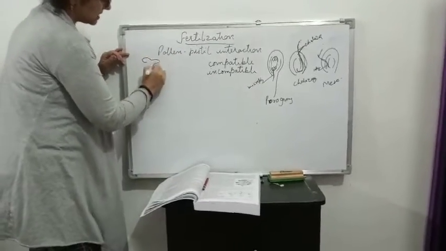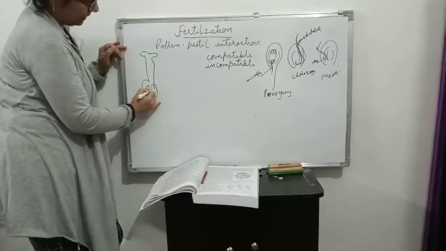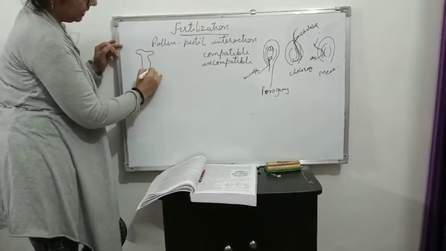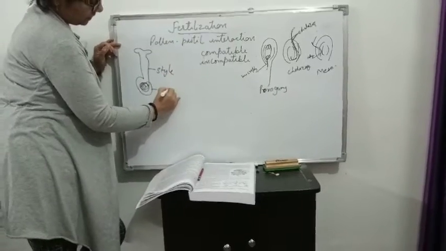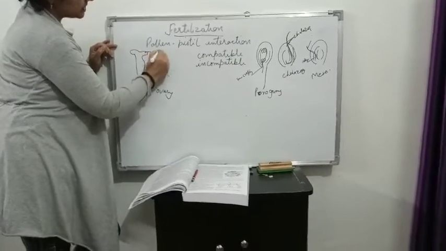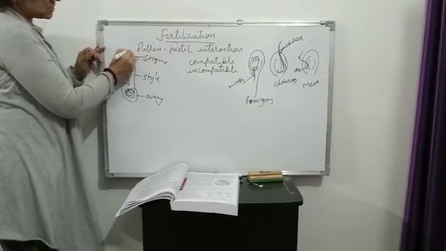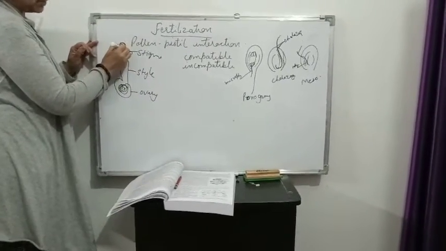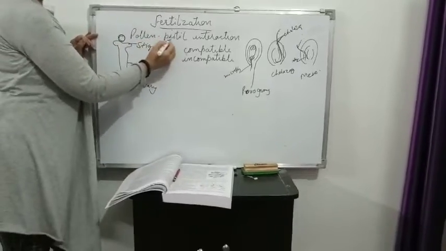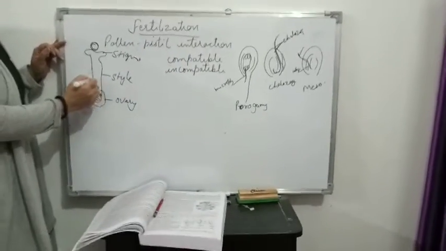If I talk about the female portion, this whole is the ovary, this is the style, and this is the stigma. The pollen, this is the male part, is coming here. So pollen pistil interaction means this whole female part is called a pistil.